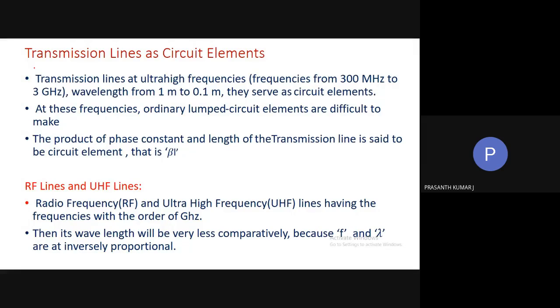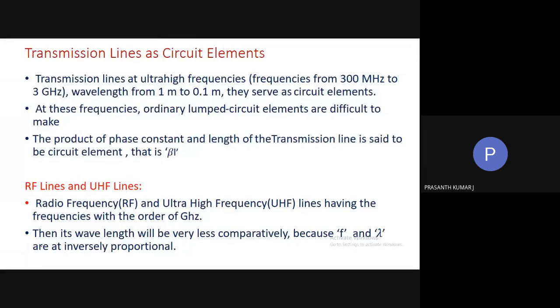In applications, for matching purposes, suppose there is a reactance. It can be capacitive or inductive.